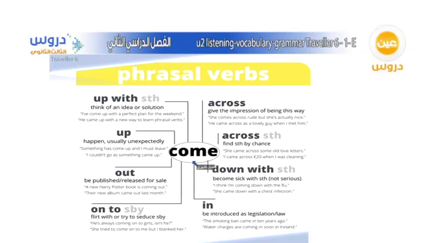All right, come out, for example: a new Harry Potter book is coming out. Their new film came out last month. So what's the meaning of come in? Be introduced. What is the meaning of come out? Be published, released for sale.